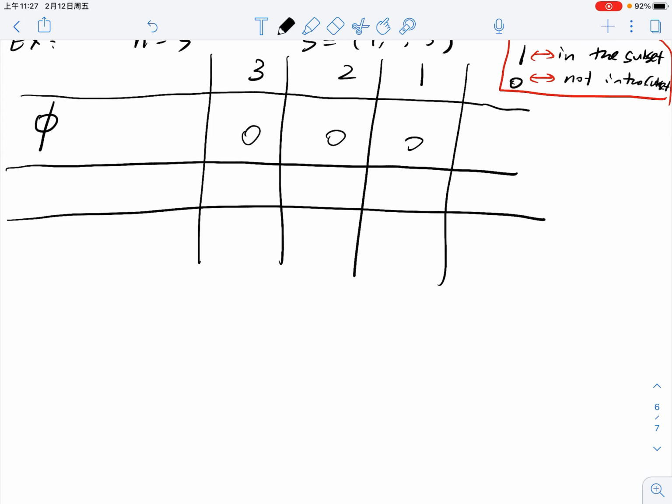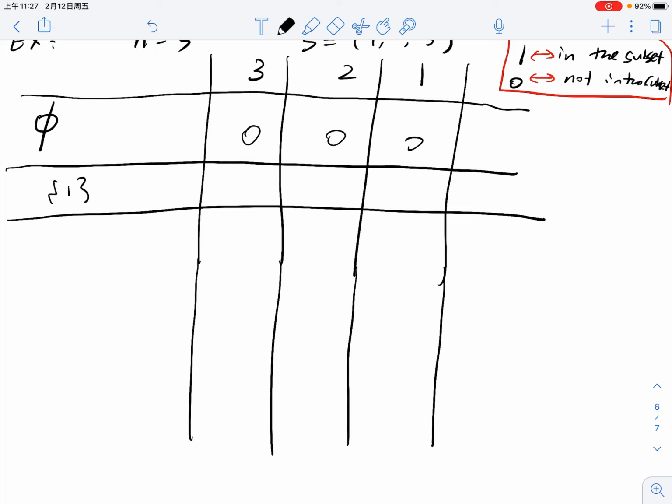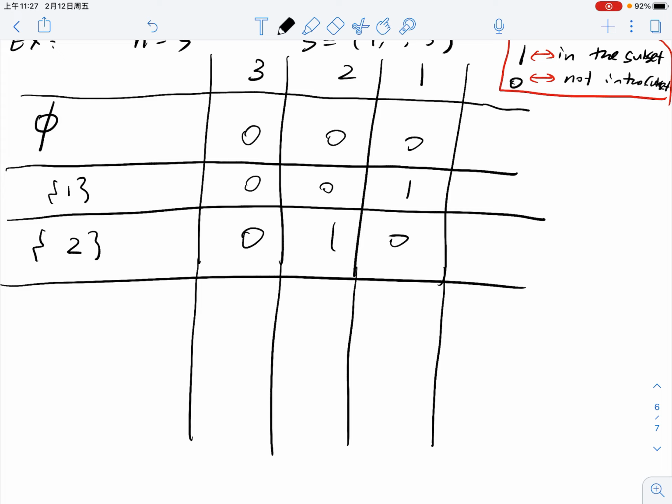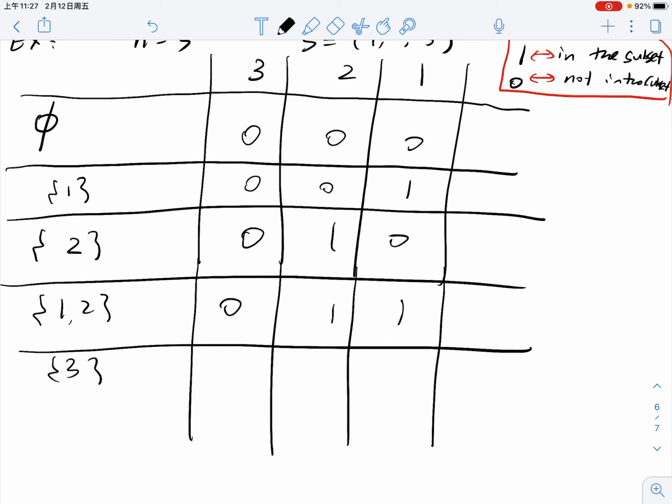And then for {1}, you have 0, 0, 1. For {2}, you have 0, 1, 0. For {1, 2}, you have 0, 1, 1. For {3}, you have 1, 0, 0.